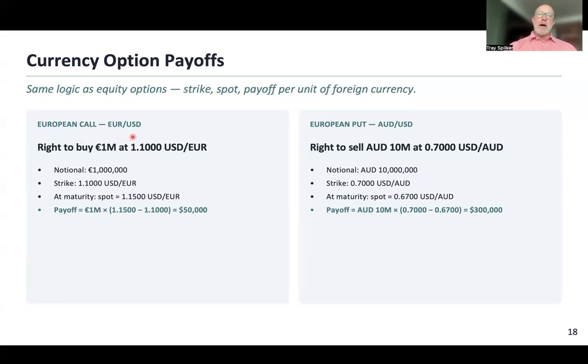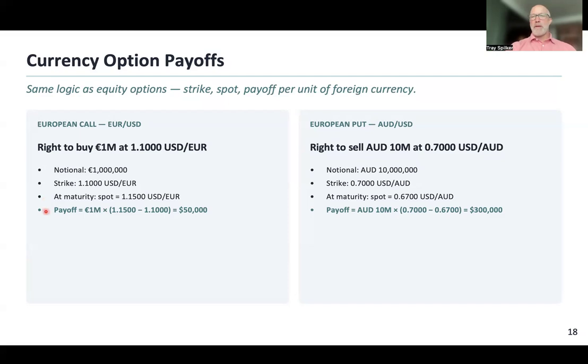Let's say this is on €1 million notional principal with that strike price of 1.10. If at maturity the spot rate was 1.15 US dollar per euro, that would mean, of course, the euro strengthened during that time period, meaning the long position in this euro US dollar option is positive. And so the payoff is rather straightforward.